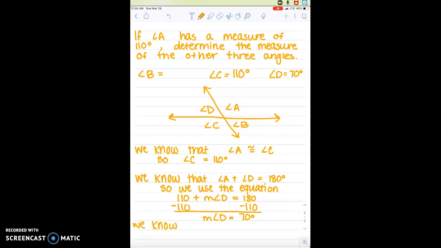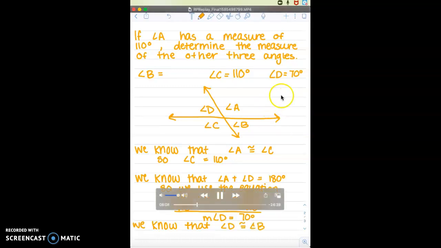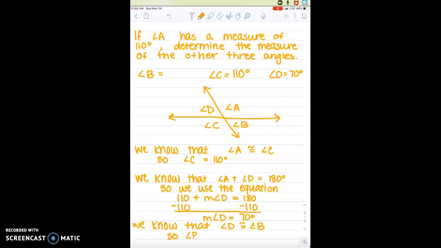Okay, so we know that angle D is congruent to angle B, because remember we said that these were vertical angles. So angle B has to equal 70 degrees, just like angle D. Okay, since they are congruent, they have to have the same angle measurement.